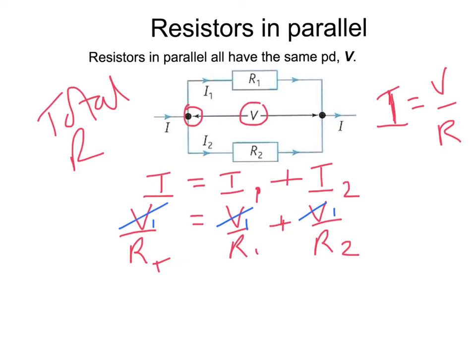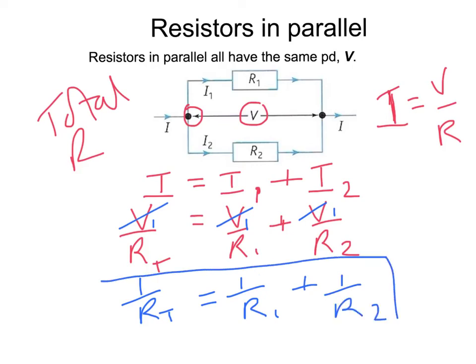So we now have 1 over R total equals 1 over R1 plus 1 over R2. And this is where you've got to be careful with your maths. If there's more than two resistors, it would be 1 over R1 plus 1 over R2 plus 1 over R3, etc. But always remember at the end, the answer, you've got to do 1 over that.